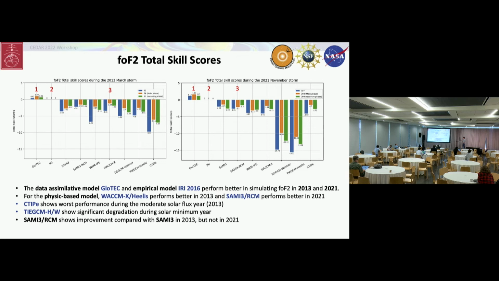As I mentioned, you can see the skill score of TIEGCM is significantly decreased compared with the 2013 moderate solar fast years. Also, the symmetry RCM shows better performance during the moderate solar fast years. So it seems like most models show worse results during the solar minimum years compared with the moderate solar fast years.